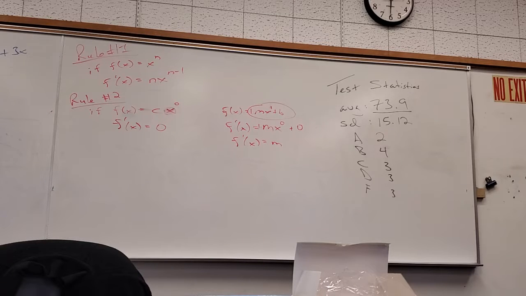Good, so the 4 comes down, the power goes down by 1. The 2 comes down, and the power goes down by 1. And then here, 3x is just, the slope is 3, I know that. What's the second derivative? 12x squared minus 4.